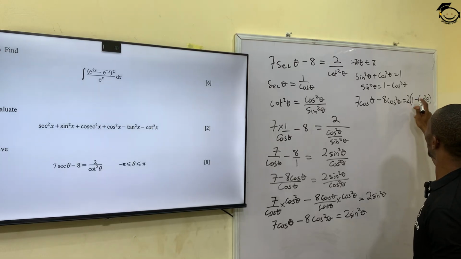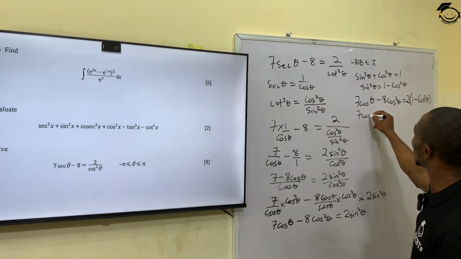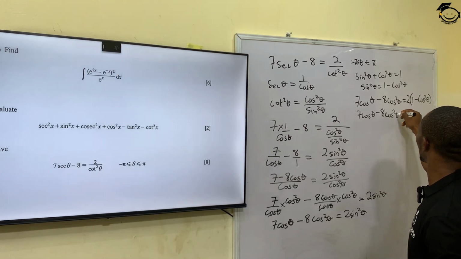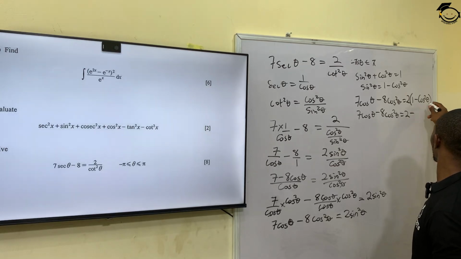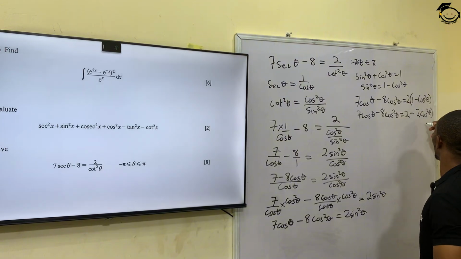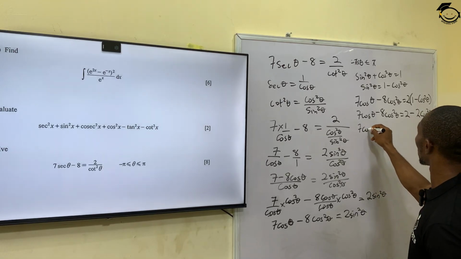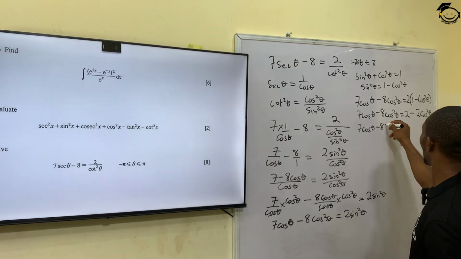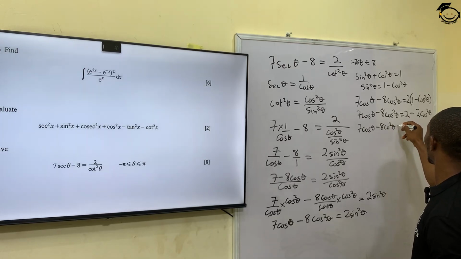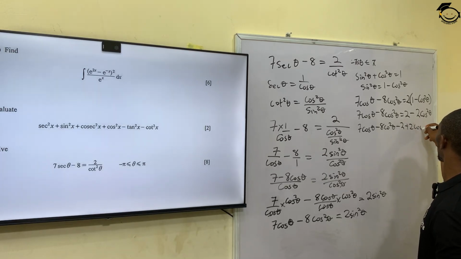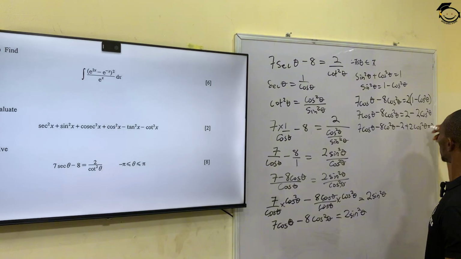Now, opening up this bracket, we have 7 cos theta minus 8 cos squared theta equals 2 minus 2 cos squared theta. Okay, now moving this over to the other side, we have 7 cos theta minus 8 cos squared theta minus 2 plus 2 cos squared theta equals 0.